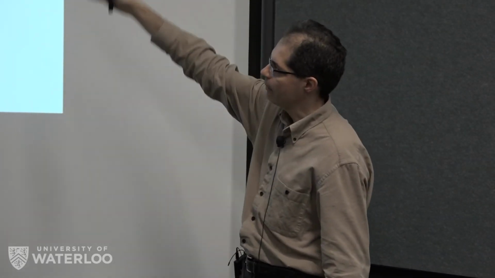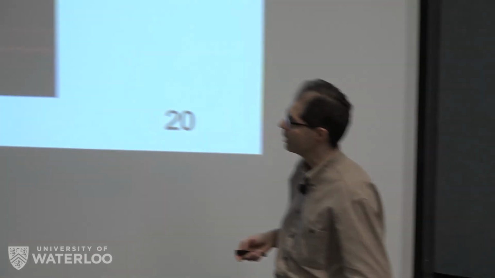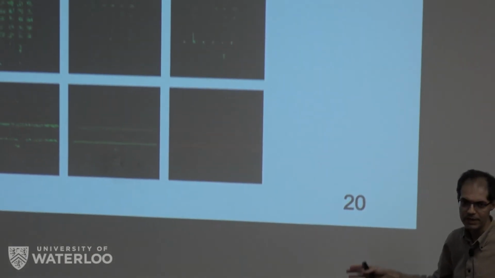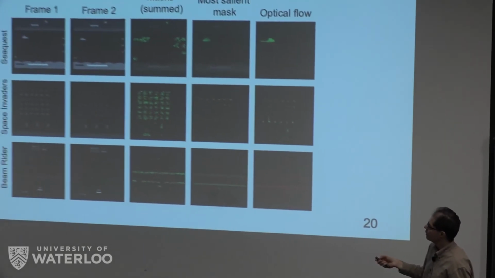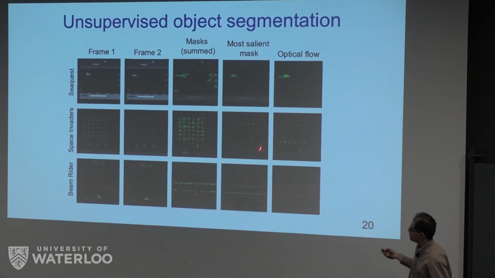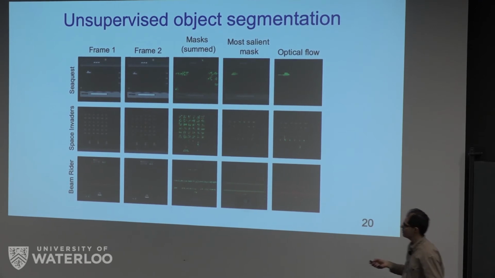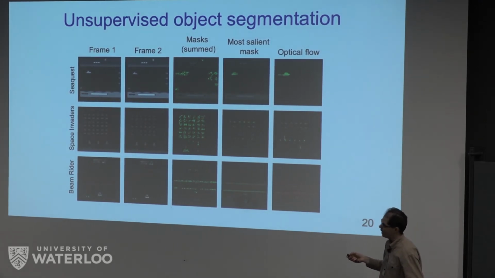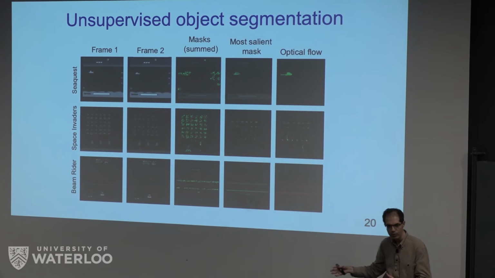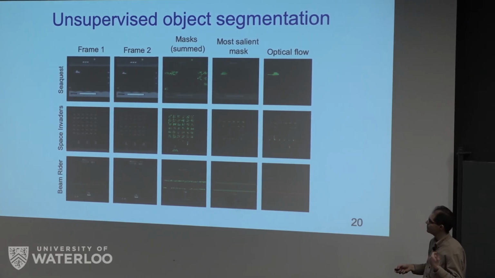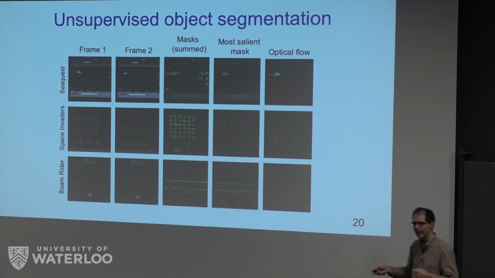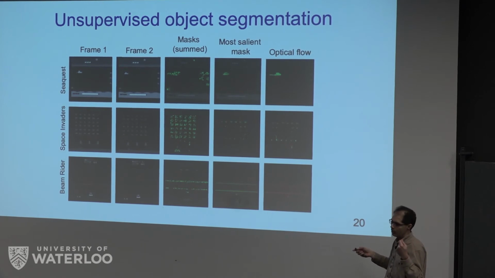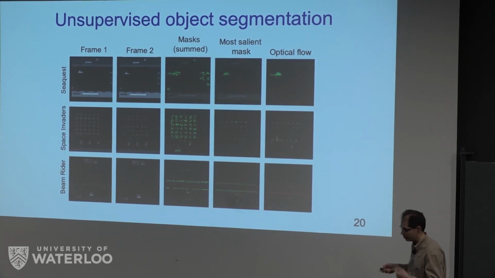I've got more examples on three more games. We actually did this on all 59 games within the Atari set. It worked out well for Seaquest as well as Space Invaders. Space Invaders is interesting because there's a bunch of monsters, and they all move with the same motion. Here we have a fixed number of objects that can be recognized, and what's tempting is to hope that it would associate each monster with a single object or a single mask.